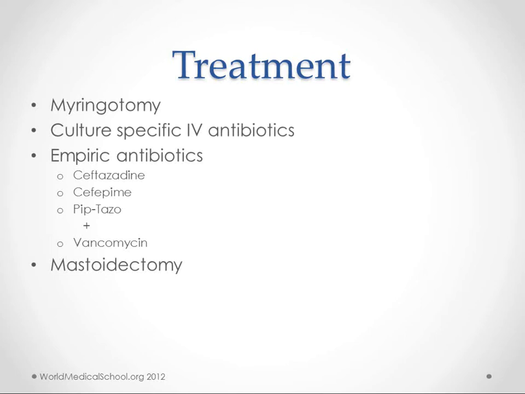So ceftazidime or cefepime or piptazo. These are all things that cover Pseudomonas, because remember, Pseudomonas was on our list of causative agents. And then add vancomycin for methicillin-resistant staph.